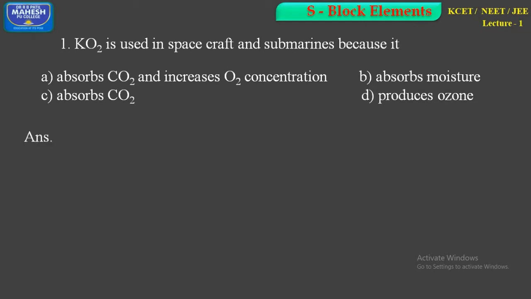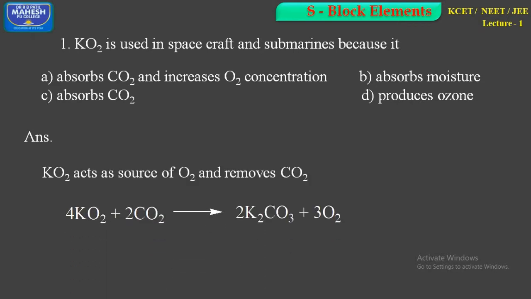Students, potassium dioxide, which is also called potassium superoxide, acts as a source of oxygen and it removes the carbon dioxide. So we can write a reaction. Potassium dioxide combines with the carbon dioxide forming potassium carbonate and oxygen.